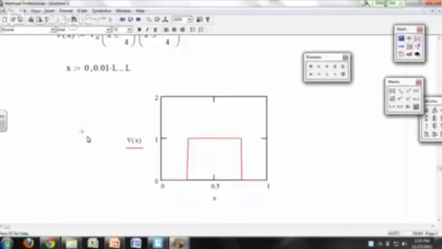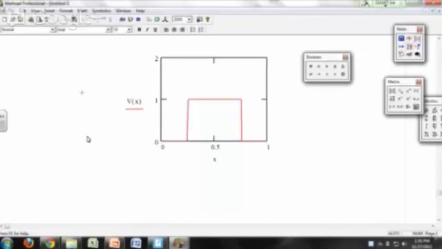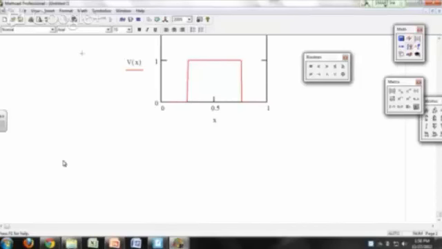So that's your potential energy function. You have a perturbed system here. Your perturbation is V naught from x equals L over 4 to x equals 3L over 4. All right, so how do we calculate our first order energy correction?